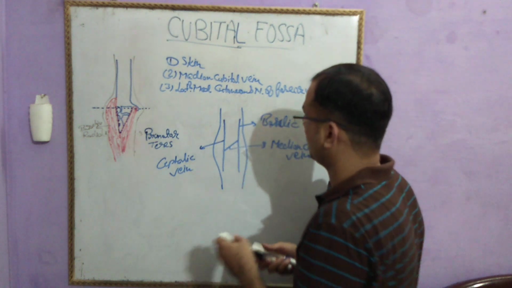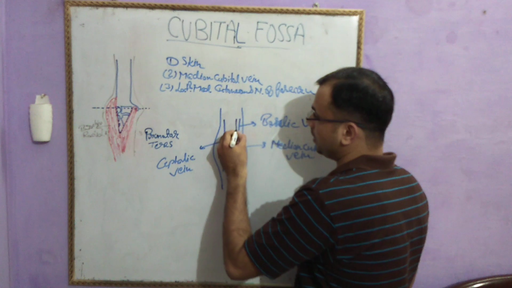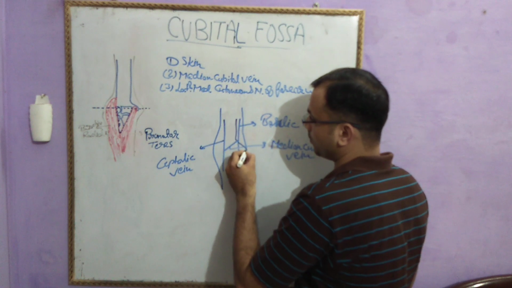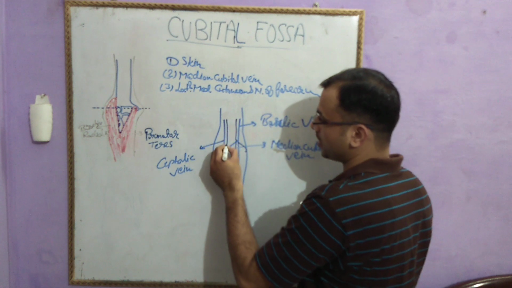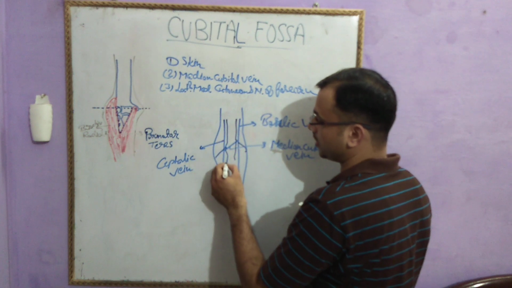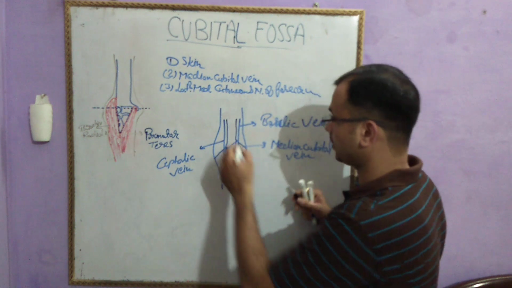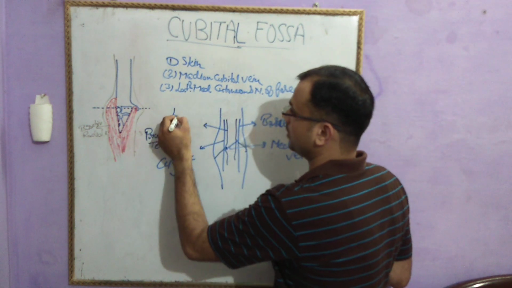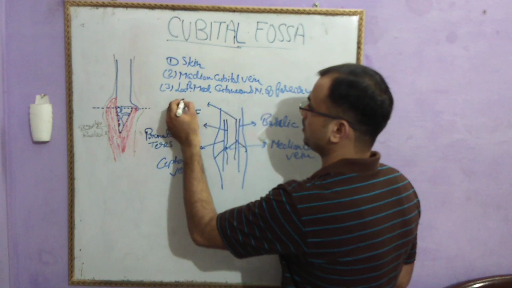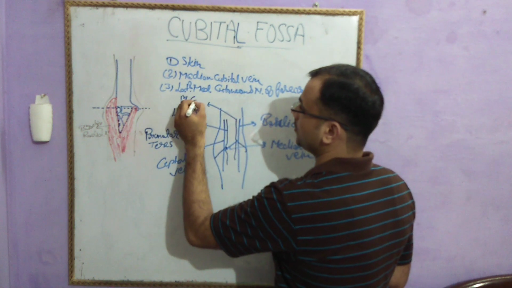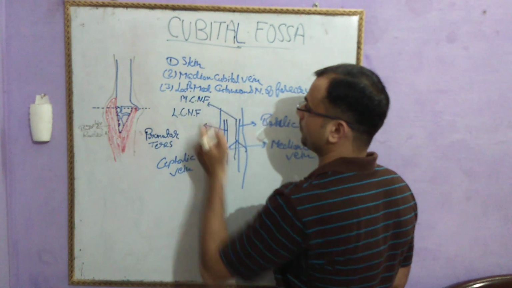Now, this is the lateral cutaneous nerve of the forearm, and this one is the medial cutaneous nerve of the forearm.